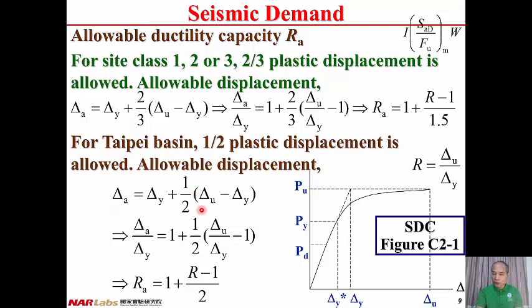Dividing the whole equation by delta Y, delta A divided by delta Y equals Ra, delta Y divided by delta Y equals 1, and delta U divided by delta Y equals R. Therefore, we have Ra equals 1 plus (R minus 1) divided by 2. And R is the ductility capacity, equal to the ratio of ultimate displacement to yielding displacement.